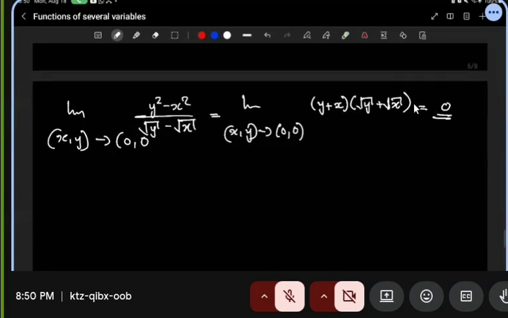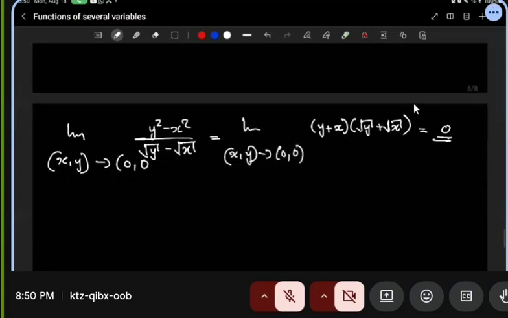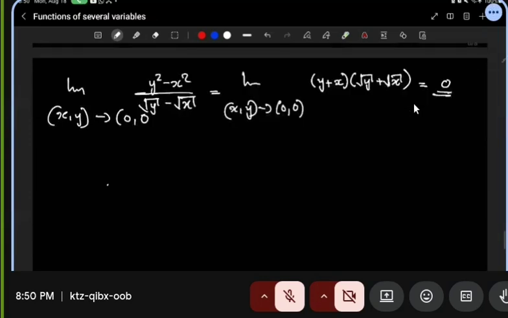So let's look at a good example for that. So this is going to be our third example. The logic here is, if when we approach the limit using one path, we get one answer, and when we approach using a different path, we get the same answer, then they're speaking the same language.